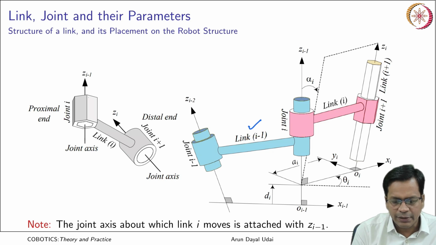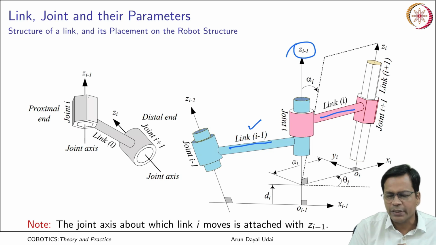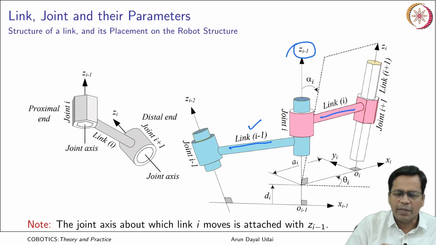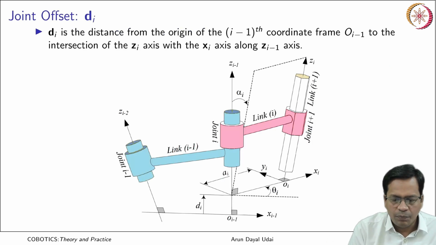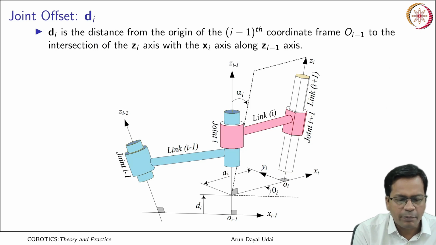The joint axis about which link I moves is attached to Zi minus 1. This is the axis of the frame attached to link I minus 1, about which link I moves. Here I have shown rotation, but it can also be a prismatic joint where it moves in a linear way. Now the parameters go as follows. The first parameter is known as the joint offset.